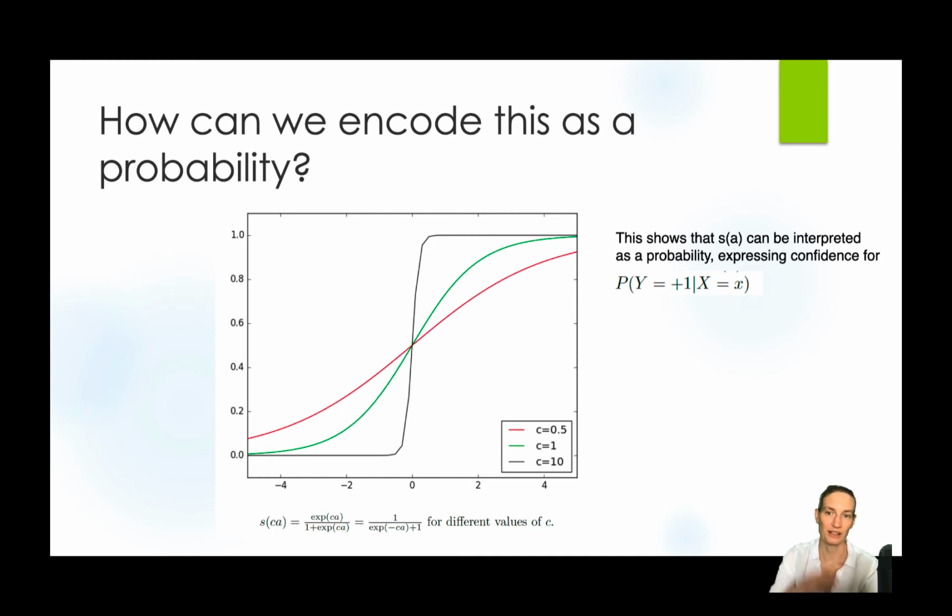We see again that around the 0 point, our prediction is 0.5, so we wouldn't be sure which class to predict. The further away from 0 we go, the more certain we are about which class we predict. Okay.